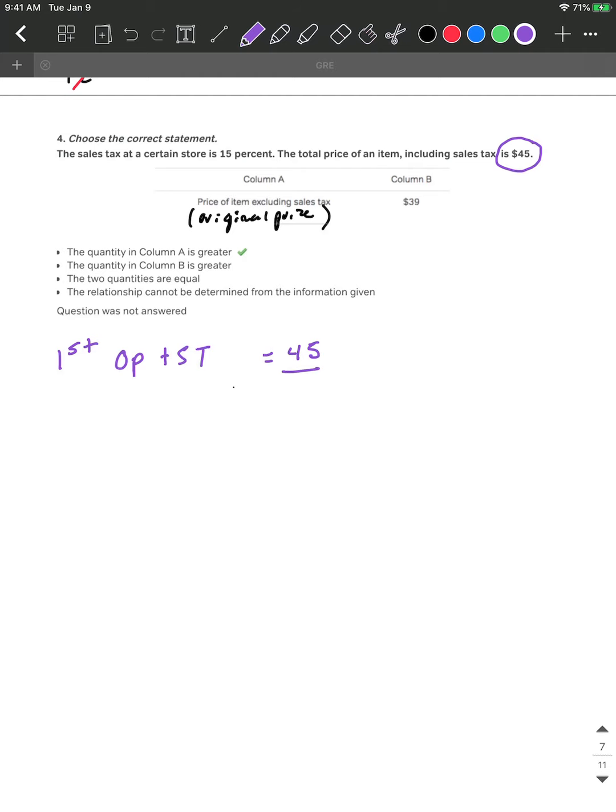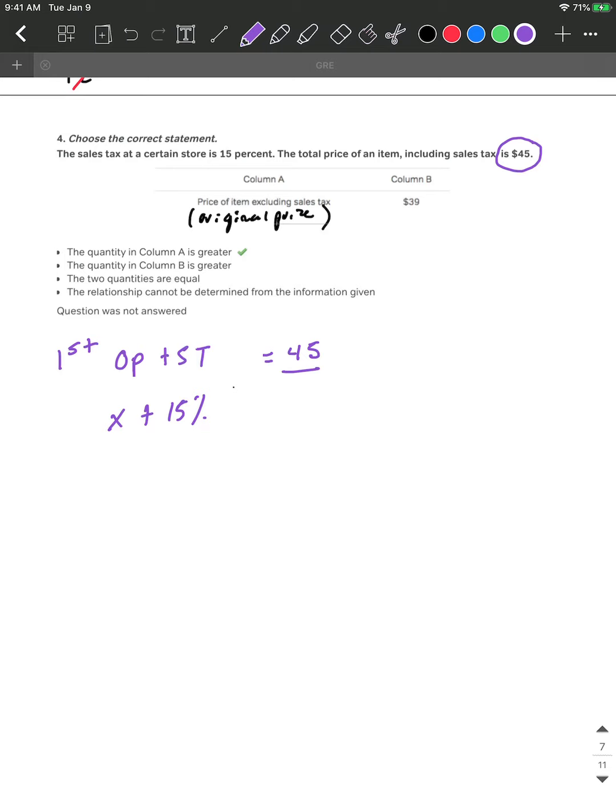So we can try to figure this out backwards, knowing what we know from the information. We don't know the original price, so I'm going to put an X for original price. Then, how does sales tax work? Well, first things first, it says 15%, so I'll say plus 15%, but 15% of what? It's usually 15% of whatever you're purchasing at its original price.